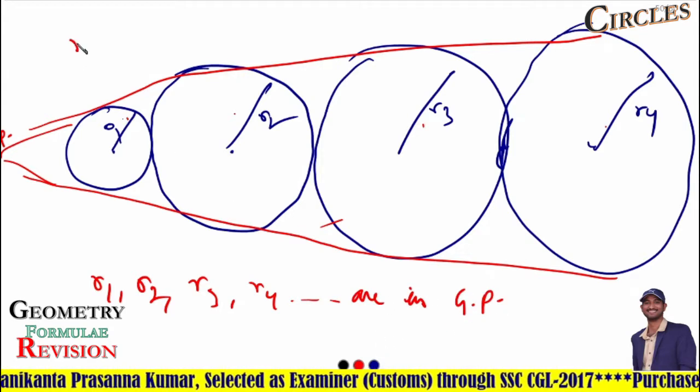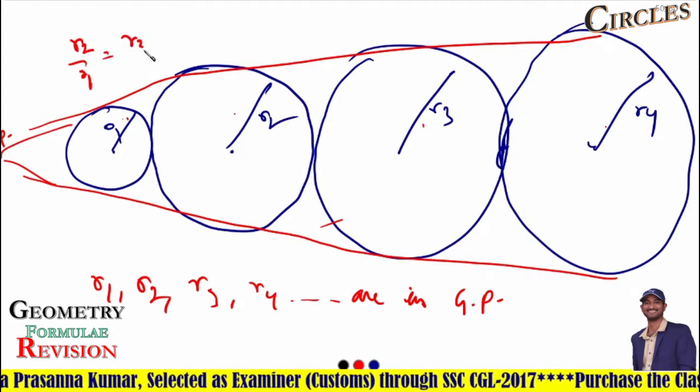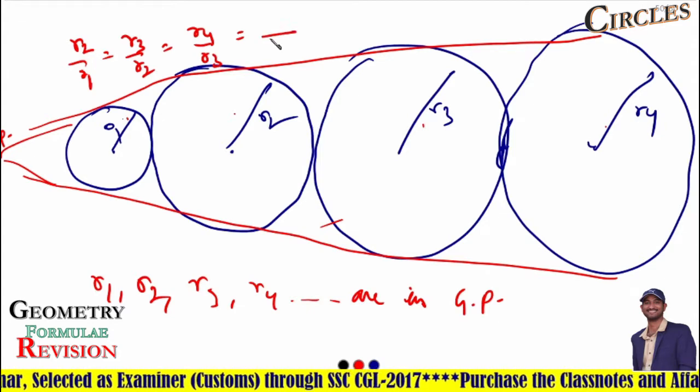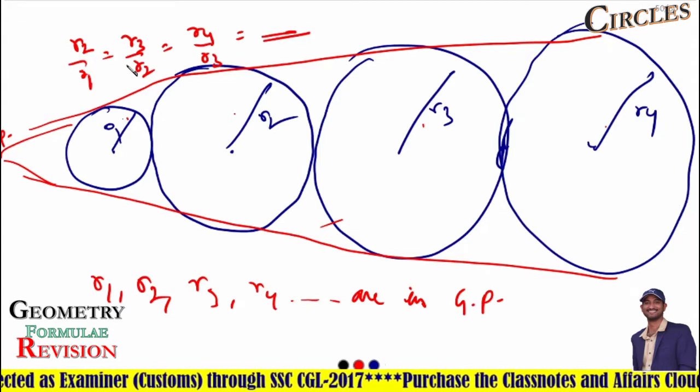That means R2 by R1, R3 by R2 and R4 by R3, that is the common ratio, is always equal.